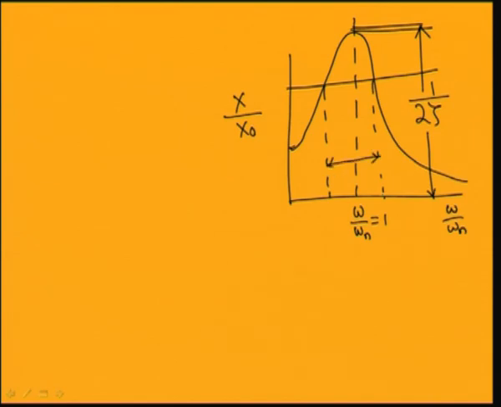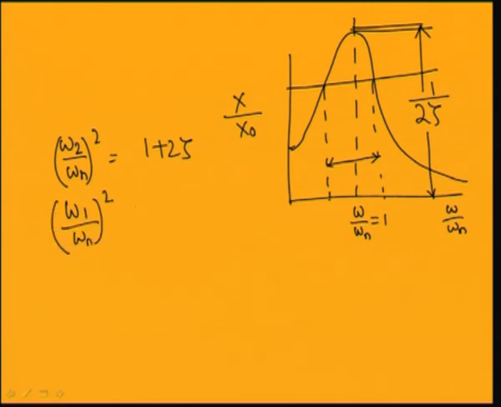So, now you got two frequencies, one corresponding to 1 plus 2 zeta, the other corresponding to 1 minus 2 zeta. So omega 2 by omega n square is equal to 1 plus 2 zeta, and the other one, omega 1 by omega n square, is equal to 1 minus 2 zeta.